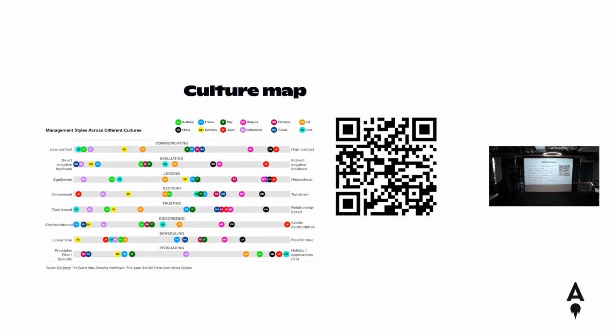And then you have The Culture Map, the book by Erin Meyer, which shows how different cultures behave on different scales. This one is pretty interesting, especially for Japanese, because you can see they are always on the other side from where we are.